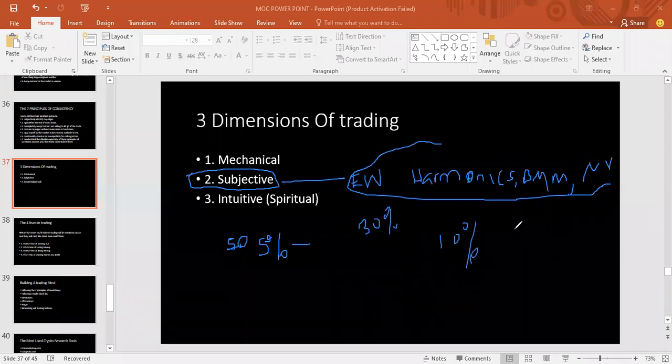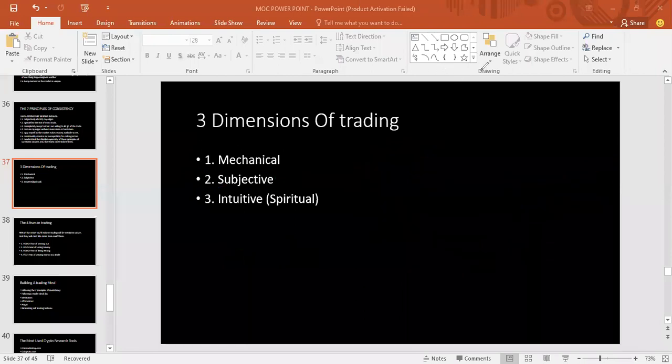On the next trade, I'm going to risk 50%. So there's no systematic way you're following. You're just following it based on the confidence you have in the different setups that are appearing to you on the chart. So this is actually a more advanced level, and this is more advanced.